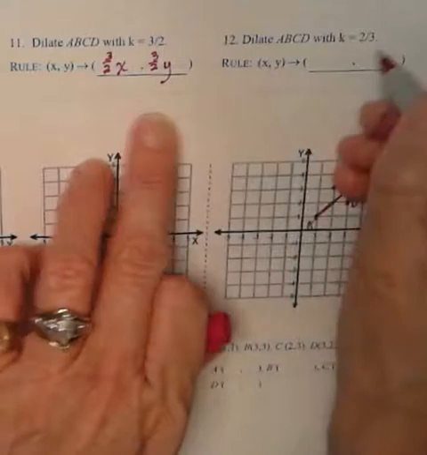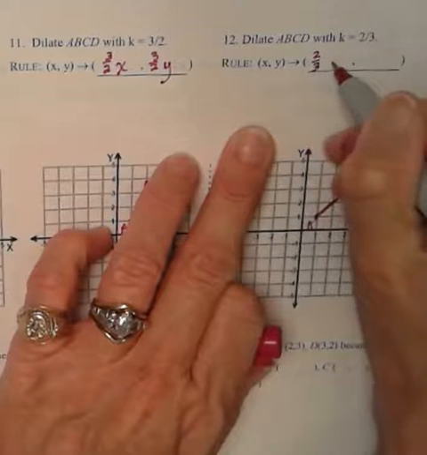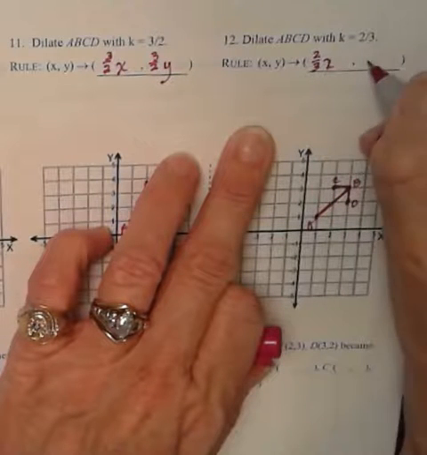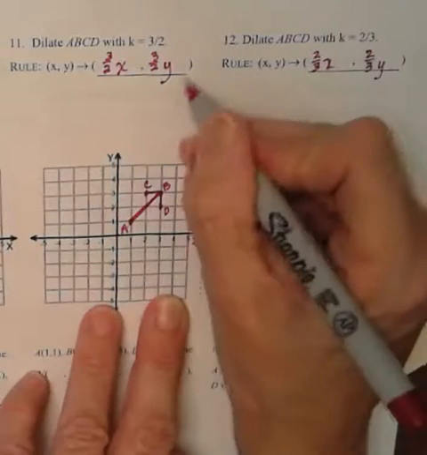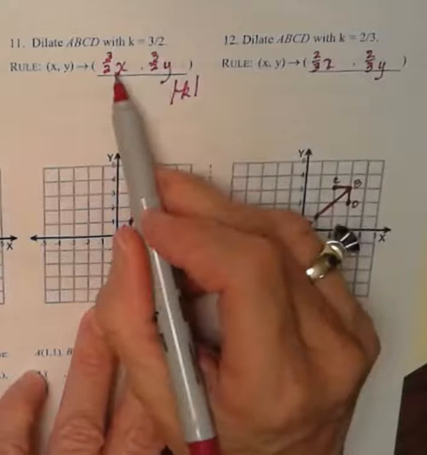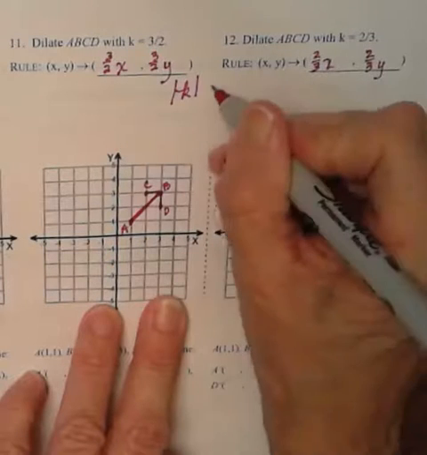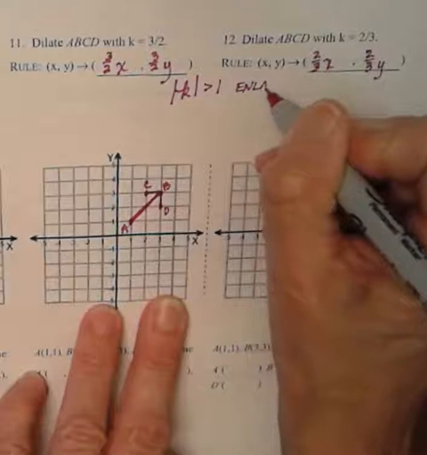And for number 12, we're going to do 2/3. So the key here is figuring out which one's going to get larger and which one's going to get smaller. And here's the key. If the absolute value of k is greater than 1, you're going to be creating an enlargement.